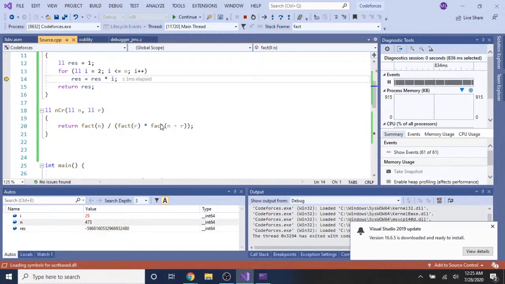It goes to negative. Okay, so it does overflow.